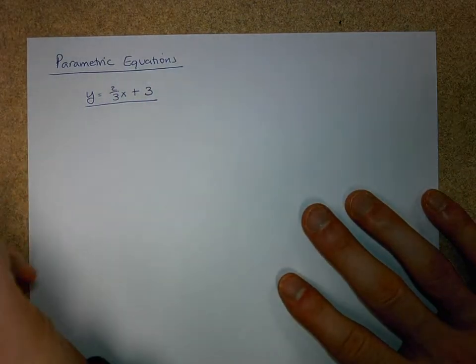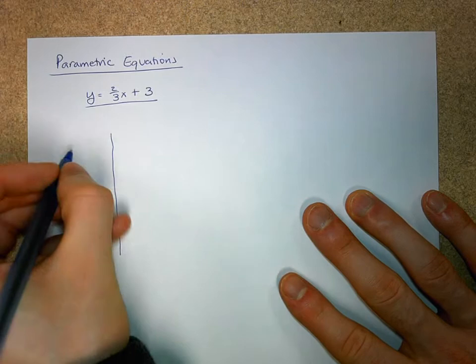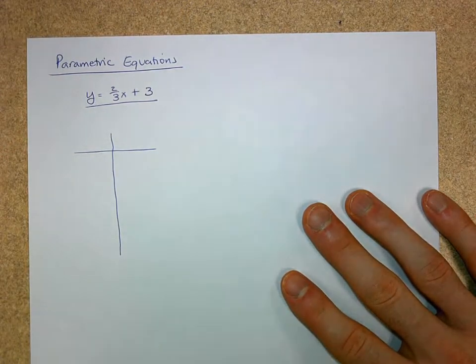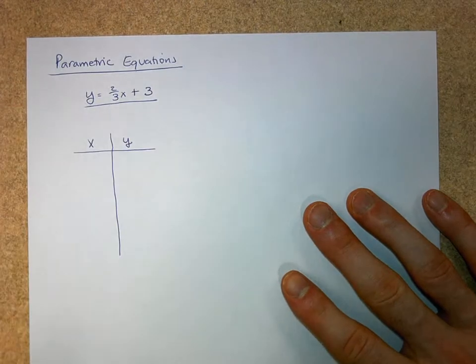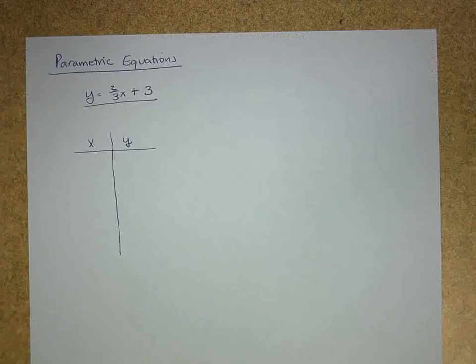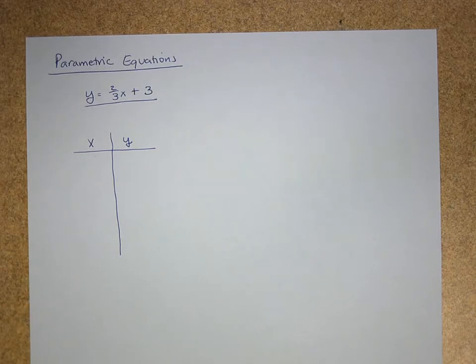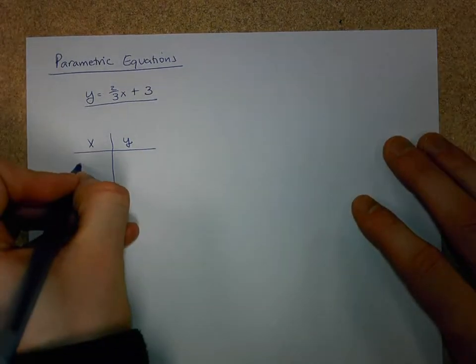So to start, if I were to create an xy chart of this equation, 2/3 x plus 3, I could go through and choose any numbers for x, 0, 1, 2, 3, 4, and then I could figure out the corresponding y values. But for the purpose of this, I'm going to be very strategic in the numbers I choose.